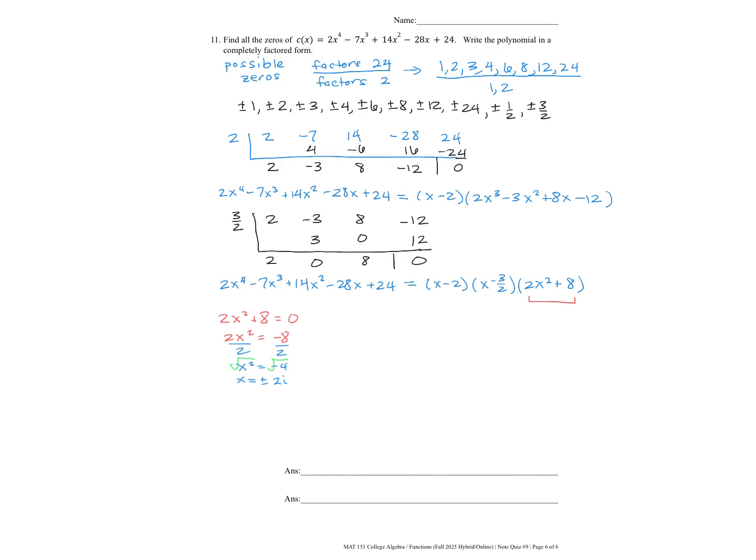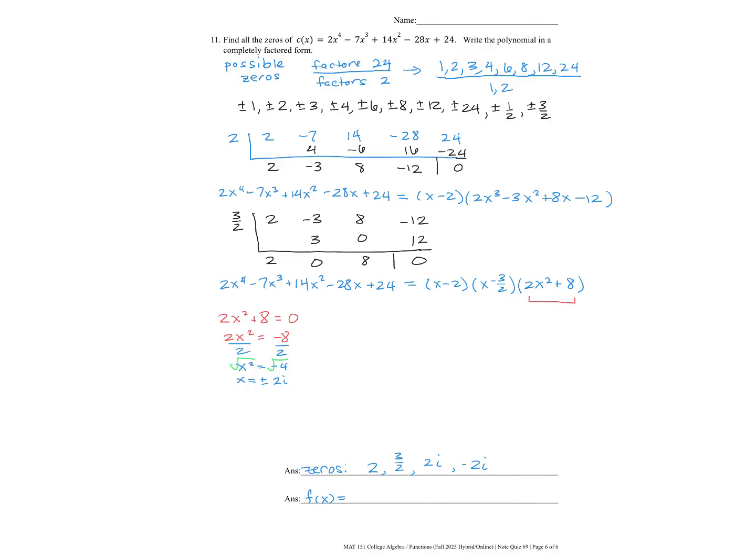So now let's write our answers very carefully. First, when I list out the zeros, again, 2, 3 halves, 2i, and negative 2i. When I write my factored polynomial, I have to be very careful because I divided out a 2 along the way.